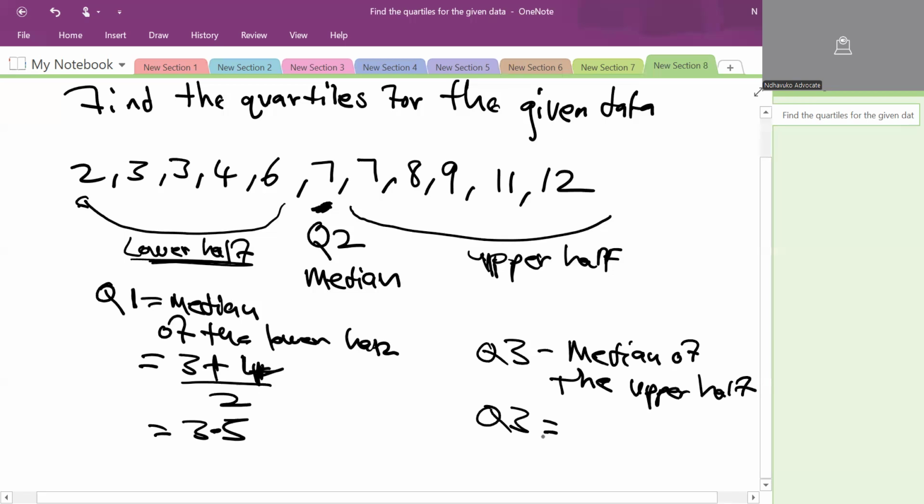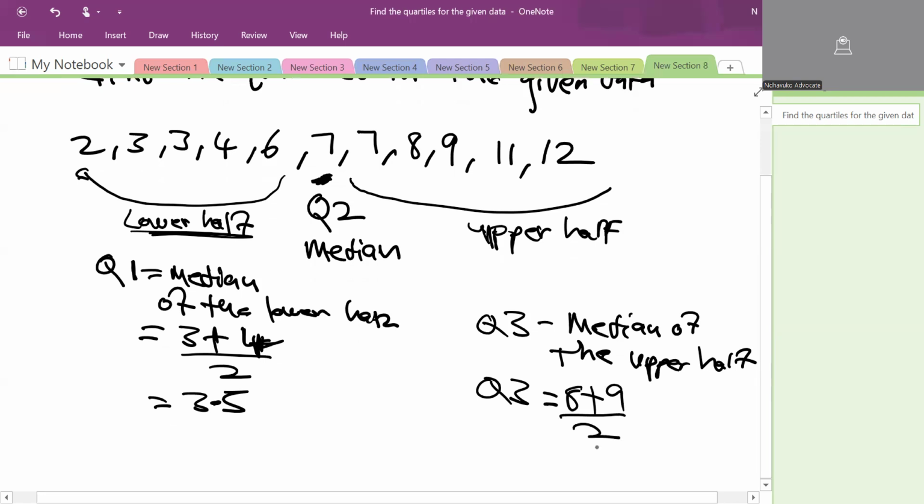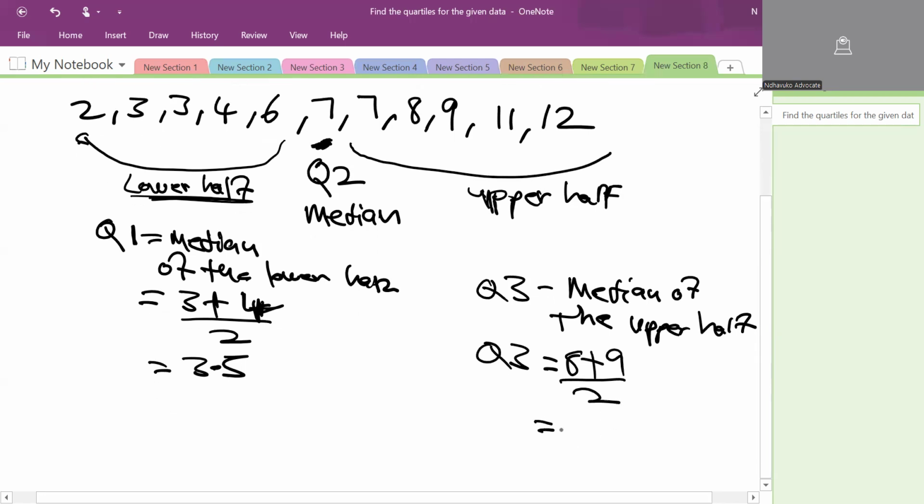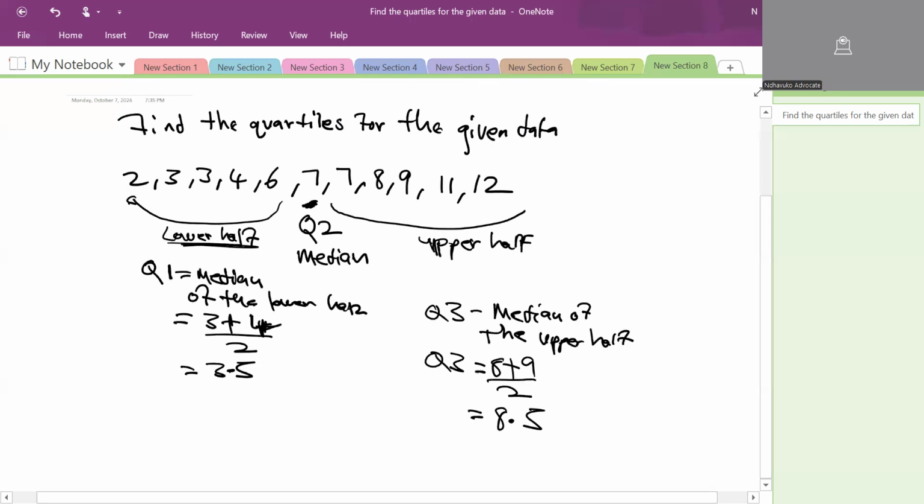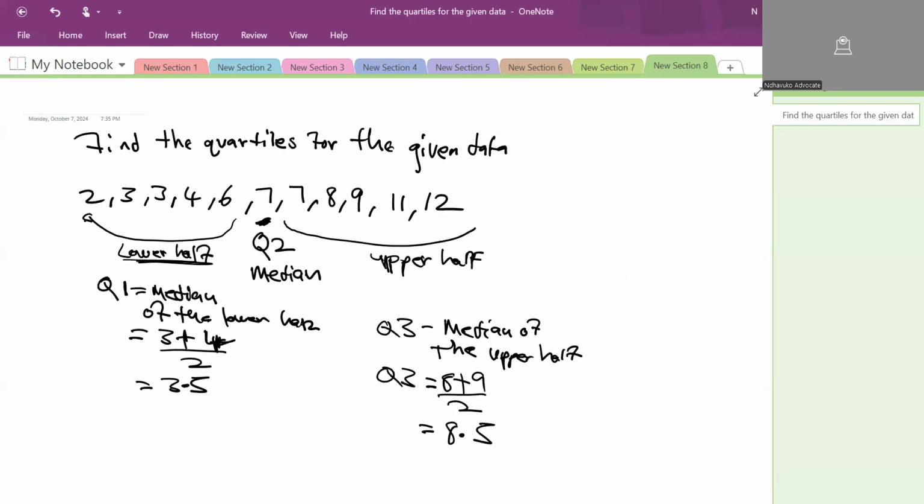Q3 is, if we start from 7, then we have 8 and 9. 8 plus 9 divided by 2, which is 17 divided by 2. So it's 8.5. Very simple. Q1 is the median of the lower half. First, find Q2, the median.